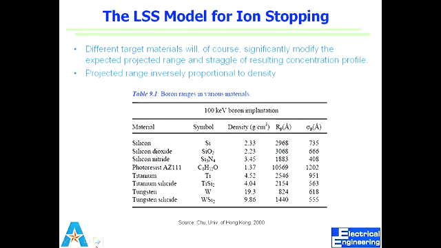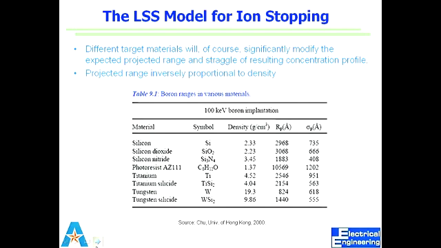So there are different target materials which have different projected range and different straggle for the different concentration profile that we need, right? The more the range, the less the density. Of course, we saw that you can increase the range by increasing the voltage that you apply, but that's going to reduce the concentration, right?